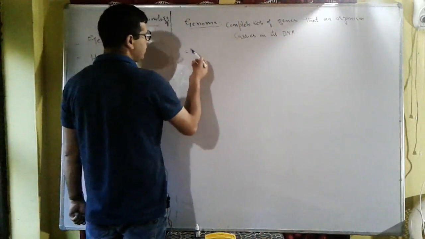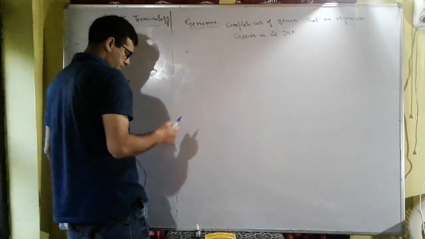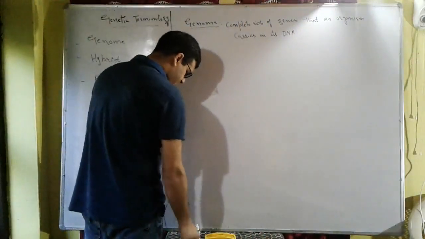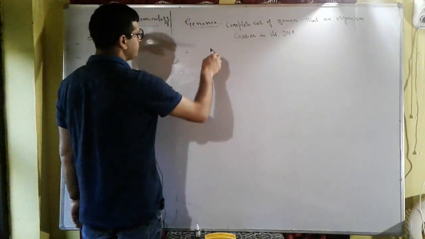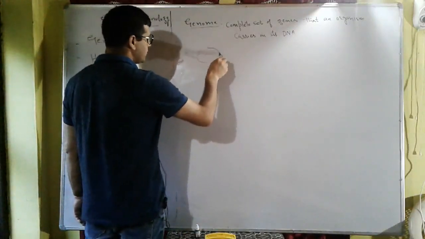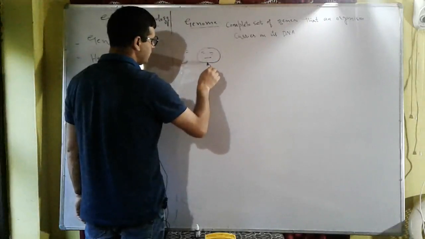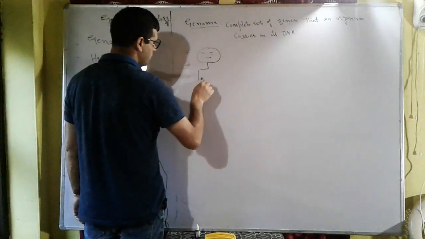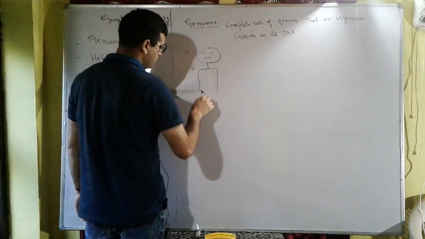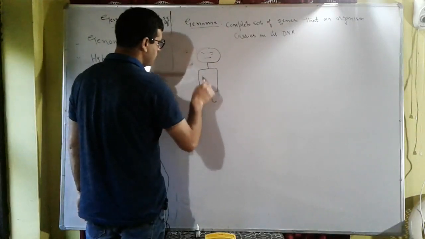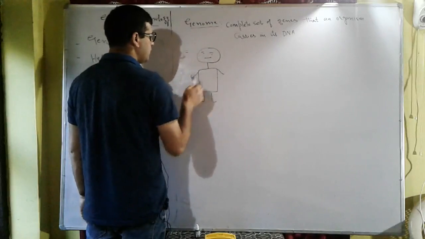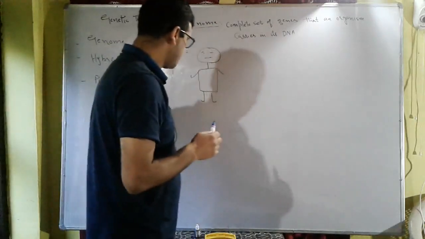For example, we say that this is an individual. It is made up of cells.